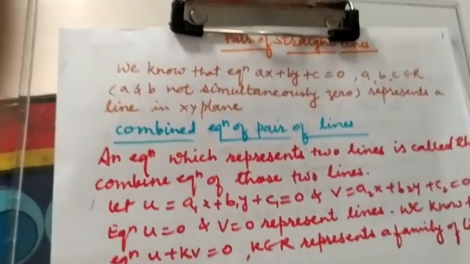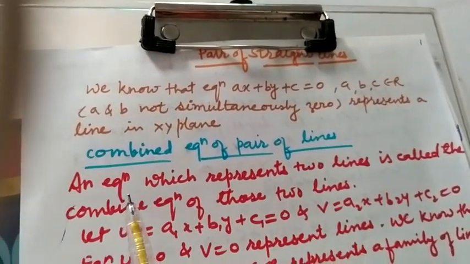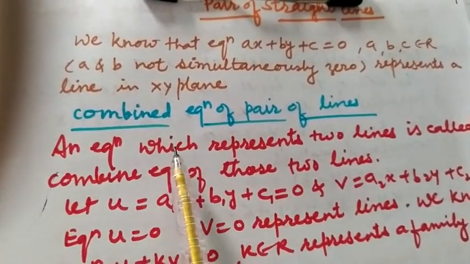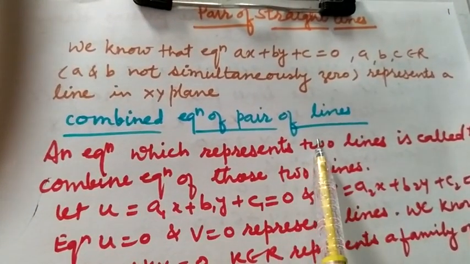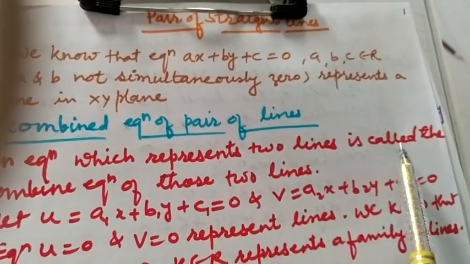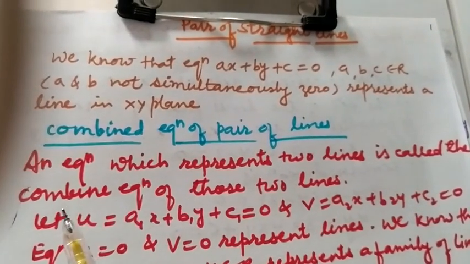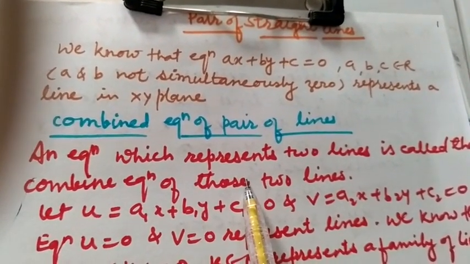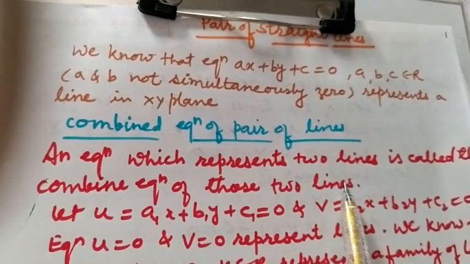We'll see now the combined lines definition. An equation which represents two lines is called the combined equation of those two lines.